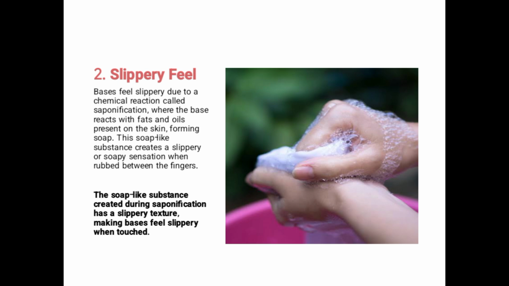Alkaline hydrolysis of fat and oil is called saponification. This soap-like substance creates a slippery or soapy sensation when rubbed between the fingers, making the base feel slippery when touched.